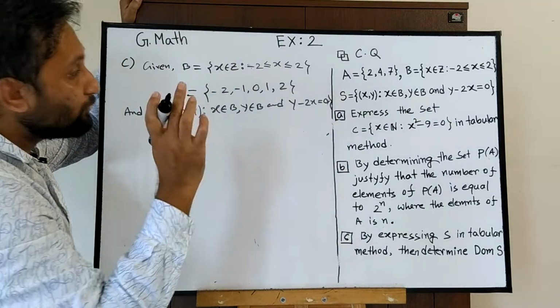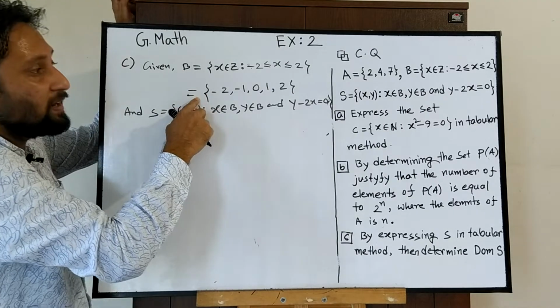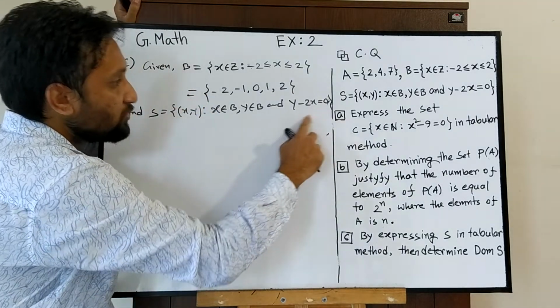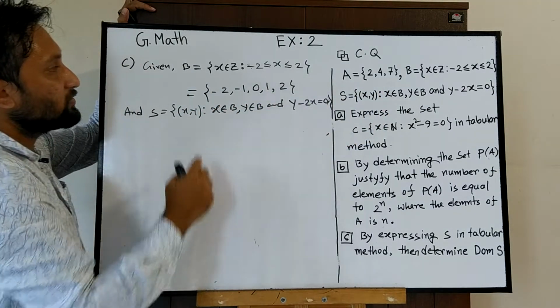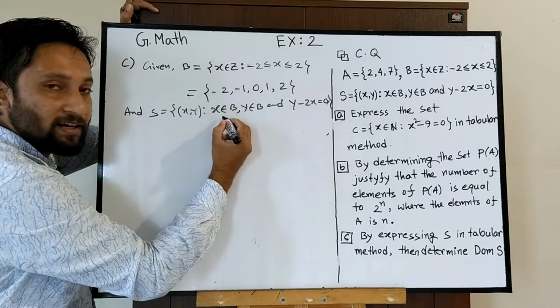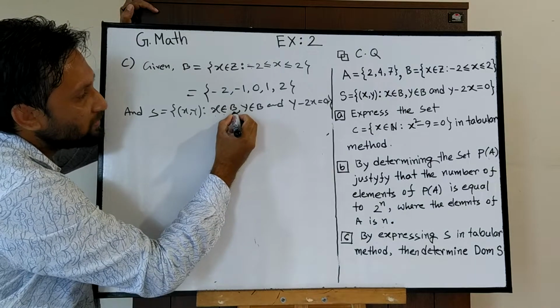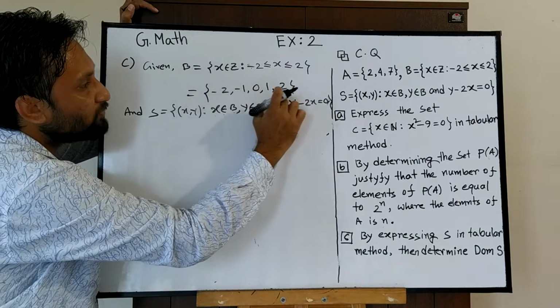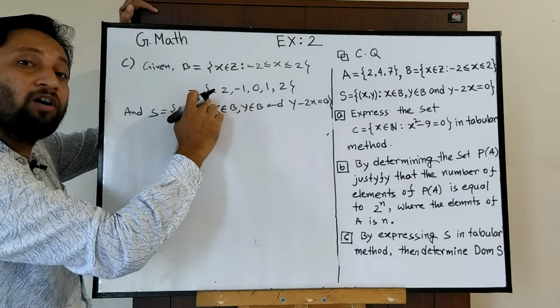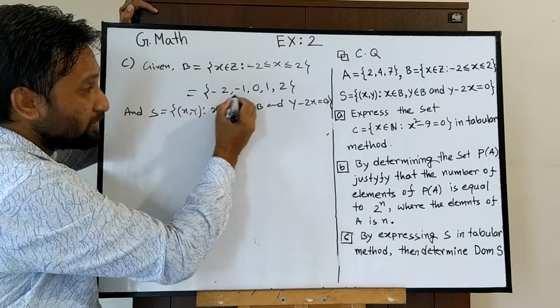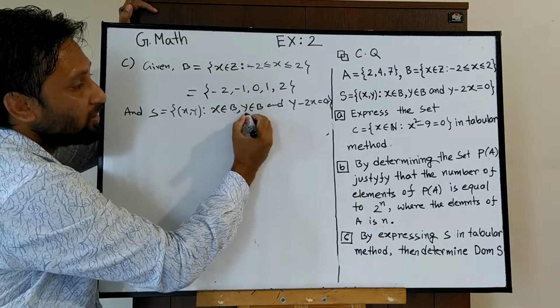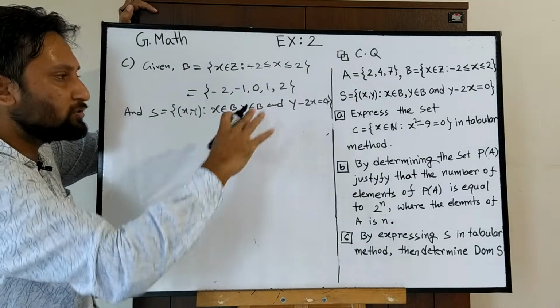So by following the elements of B and this condition, we have to identify the pair elements of x and y. In this condition, it says that x is an element of B, that means all the elements of B are values for x, and it also says that y is an element of B, of course.